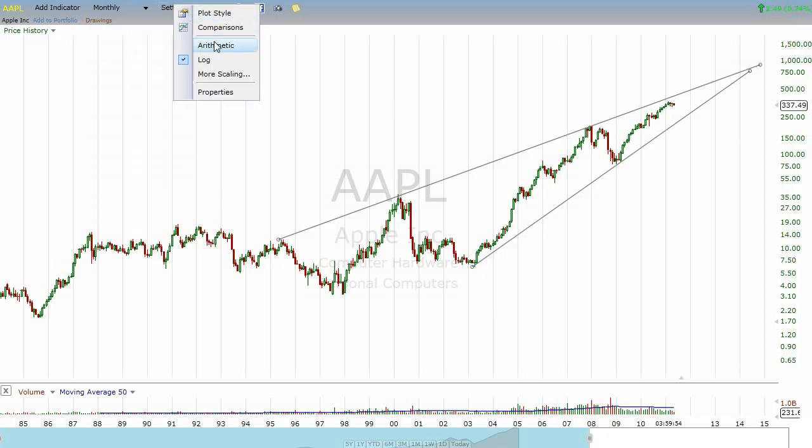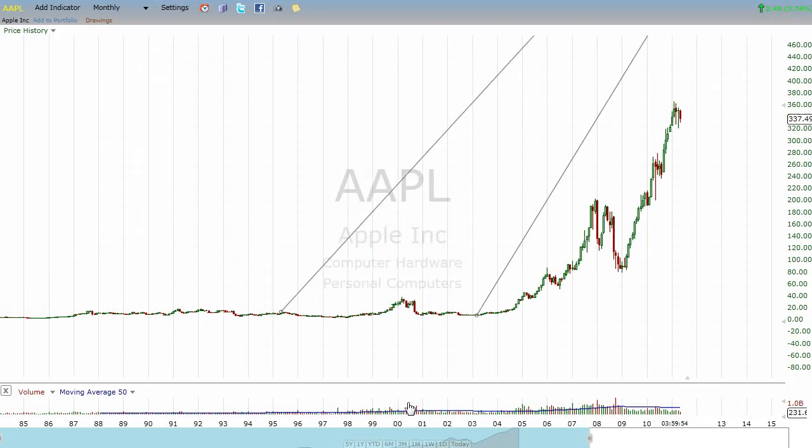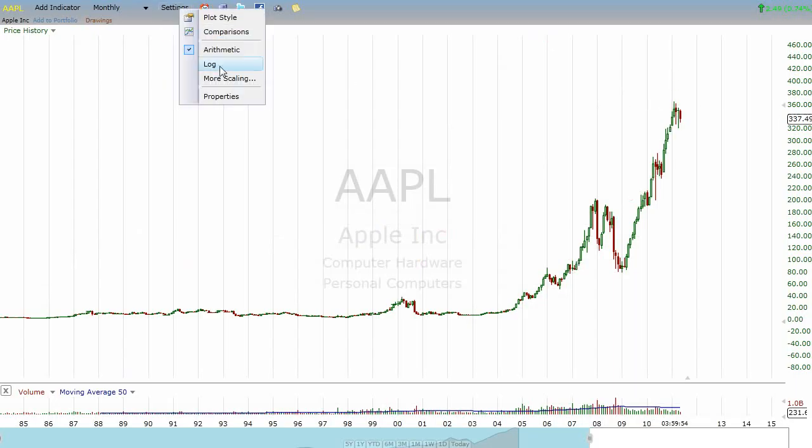Okay, I'm just going to get rid of these lines because they make absolutely no sense right now. You look at that and you say, oh my goodness, Apple is getting ready to absolutely crash. There's no way it can keep that parabolic move going. But you look at it on a logarithmic chart and you go, oh. So this really tells the picture.